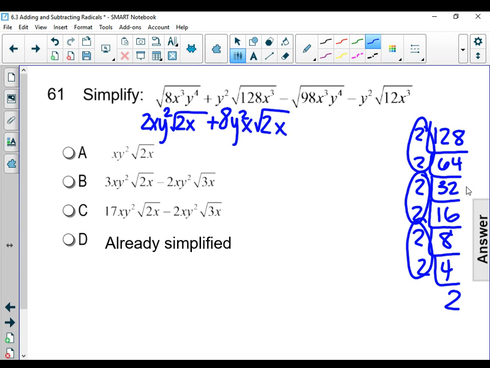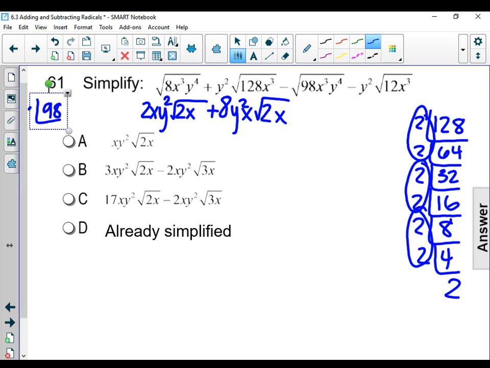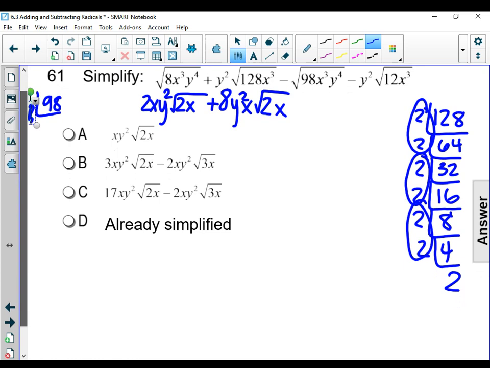Okay. Now we do 98. I'm running out of room. Okay, let's start that over. Divide that by 2, we get 49. That's a 2 in there. You can't see it, but it's there.